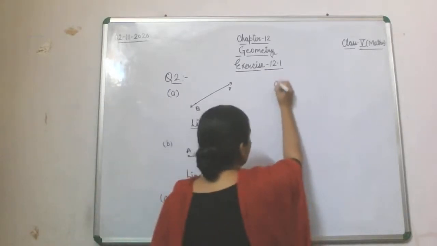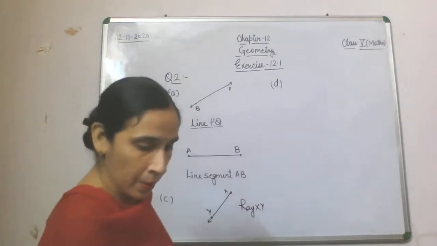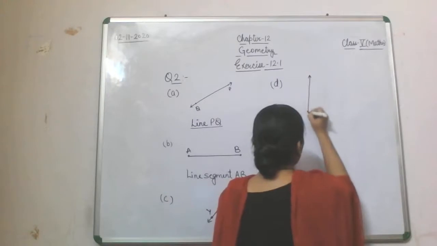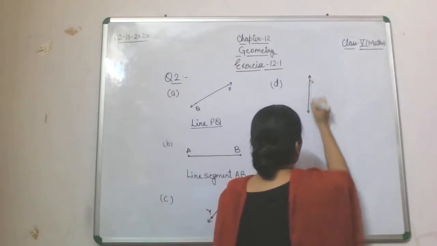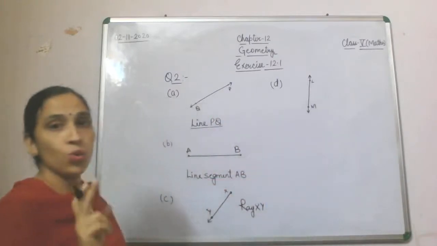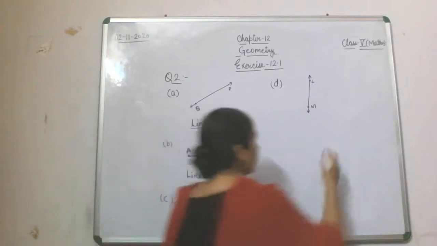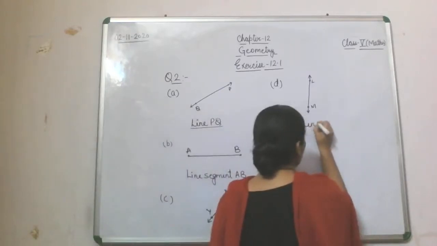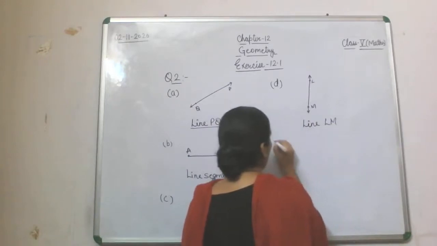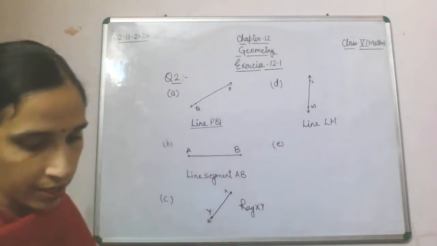Now we'll come to D part. L, M. In this figure we have two arrows. So it can be extended from both the sides. So what is this? It is line LM. So that is line LM.